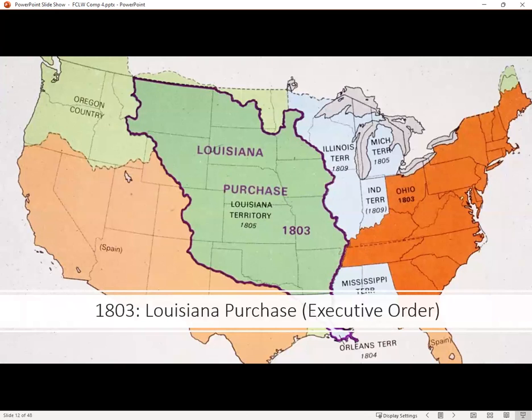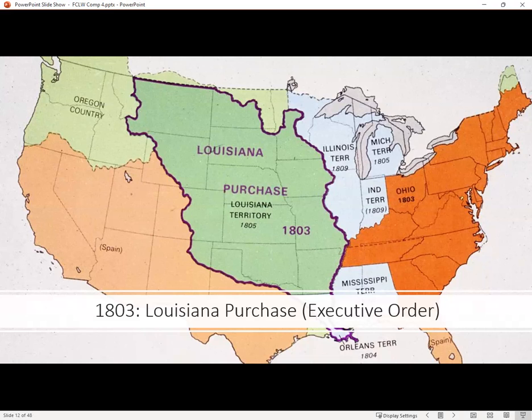When you talk about the Louisiana Purchase, why is this such a big deal? Thomas Jefferson was president. France came and said, do you want to buy this land? He got a very good deal, and people were upset, because the Constitution didn't give the president the power to purchase land.